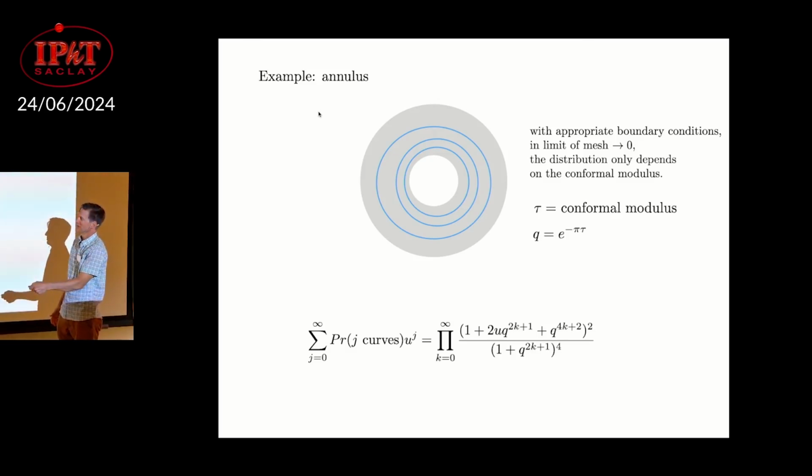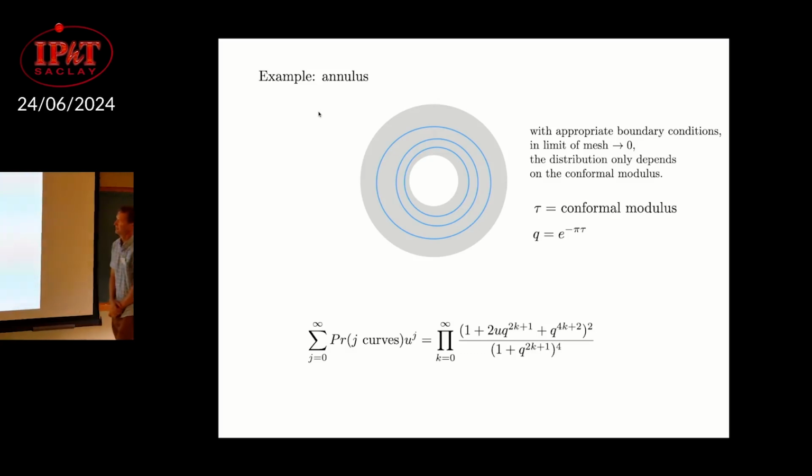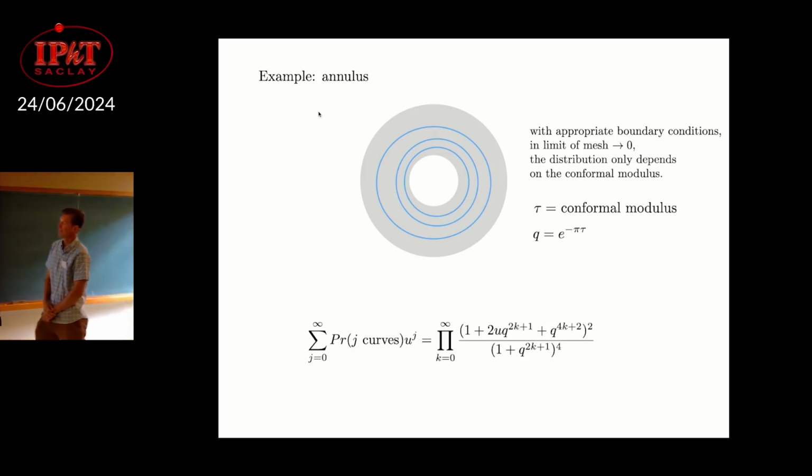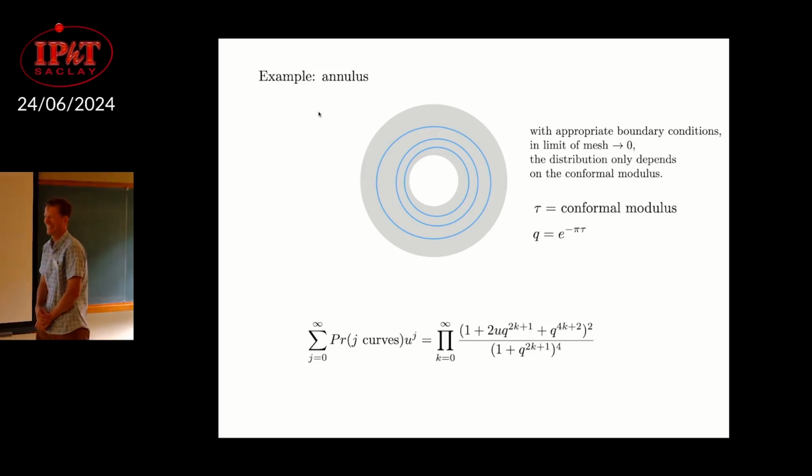If you make a generating function for the probability that there are j curves, times u to the j, summed over j, there's a nice product formula on the right-hand side. They look like Chebyshev polynomials. That's right, Philippe could have done this in his sleep, because there are Chebyshev polynomials in the background.